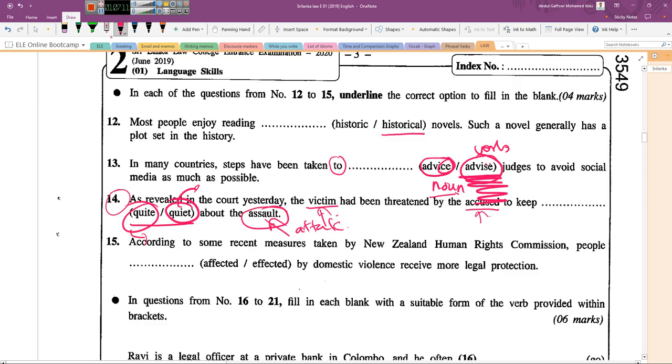So she was quite beautiful, she was very beautiful. That is the meaning of that quite. Fairly and pretty are synonyms of that first quite. This quiet is keeping silent. So the accused blackmailed the victim to keep silent regarding the assault that he made on him.